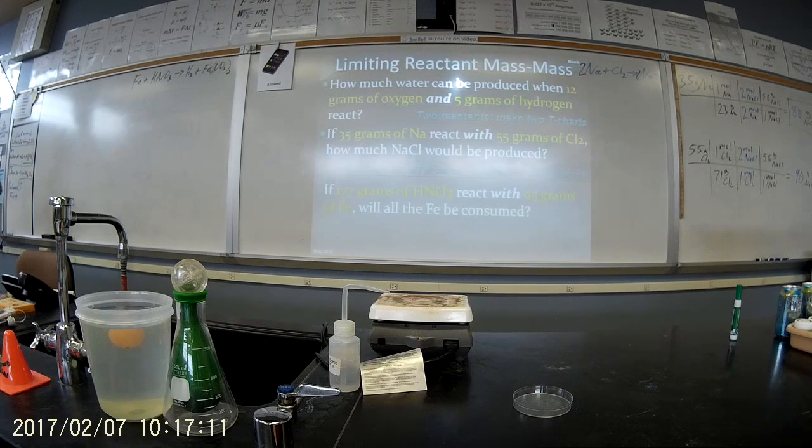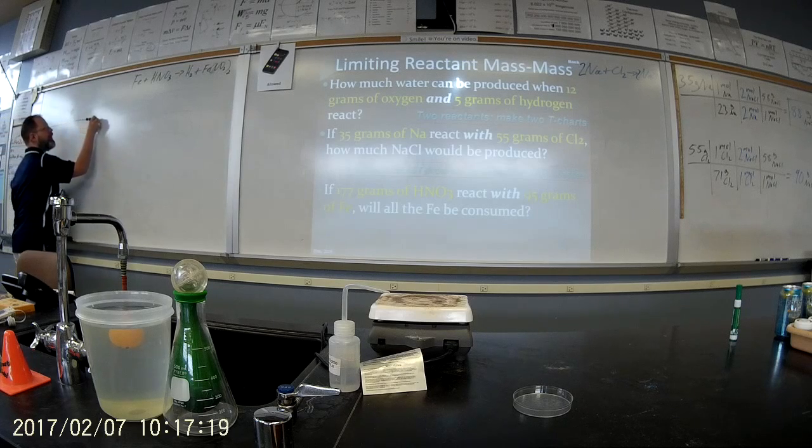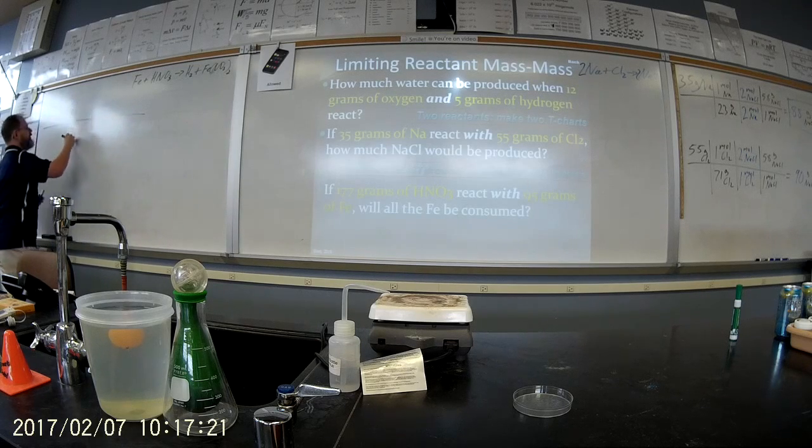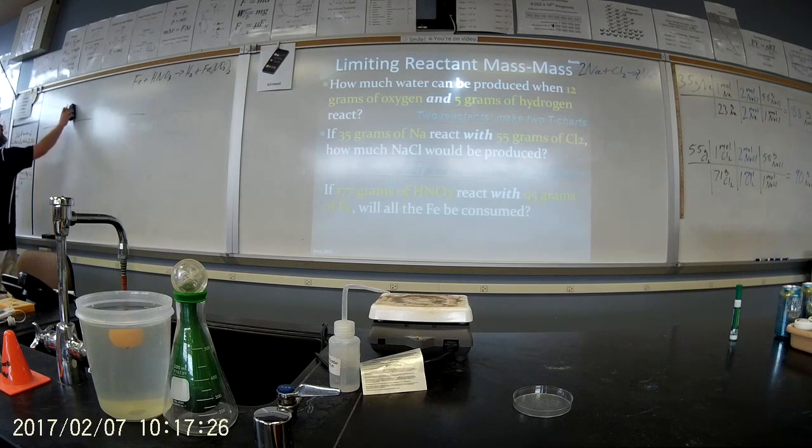Both ways, we're going to make hydrogen gas. So our first reactant is 177 grams of HNO3, and our second reactant is 95 grams of iron.